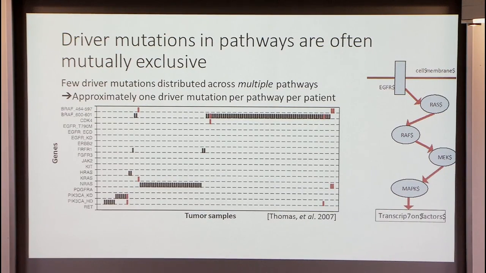There are two arguments for this observed pattern. One argument is that there are relatively few driver mutations in a tumor, and those mutations have to hit different pathways, and so the back of the envelope calculation gives you one mutation per pathway.